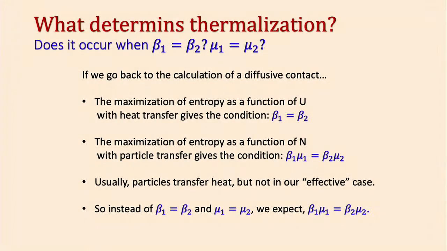So if you go back to the second part where you maximize entropy according to particle number, actually the condition is beta 1 mu 1 equal beta 2 mu 2. And maybe this is what should be holding, because the temperatures would never equilibrate. We are forcing them to be different on the two sides.